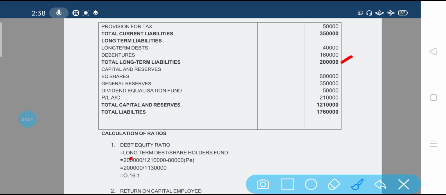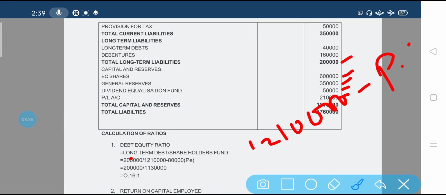And shareholders fund. The shareholders fund comprises the capital and reserve items: equity shares, general reserve, P&L account and dividend equalization fund. These four come for shareholders fund. The total will be 12 lakh 10,000. From that we have to deduct the preliminary expenses, that is 80,000.